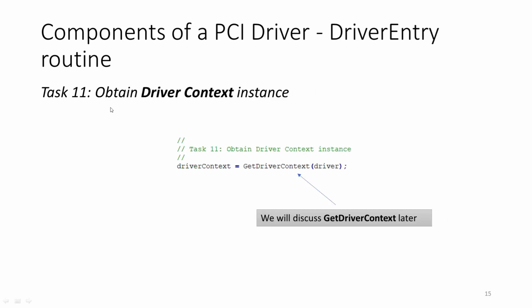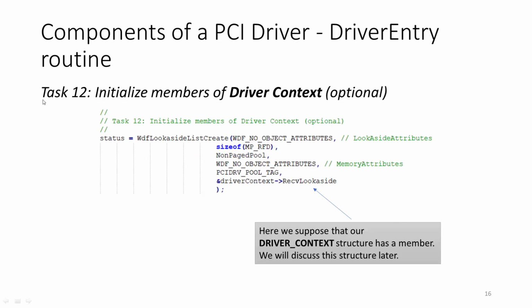Task number 11, obtain a driver context instance. In order to obtain a driver context instance, we need to use the getDriverContext function. In this code example, we assign the return value to the driver context variable. We will discuss the getDriverContext function later. Task number 12, initialize members of driver context.